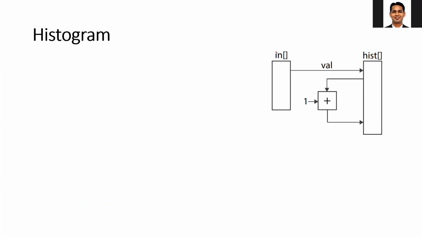So if you look at the histogram, you get the image. We can convert the image into a 1D input array, and then you check the value of each pixel, and then you have the histogram which finds out how the pixel values are distributed.